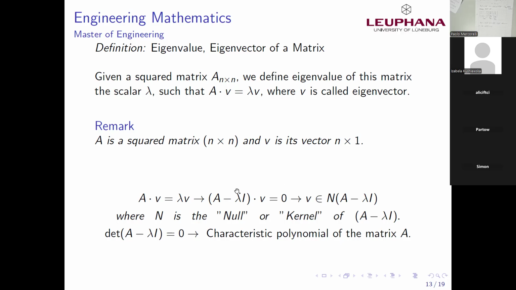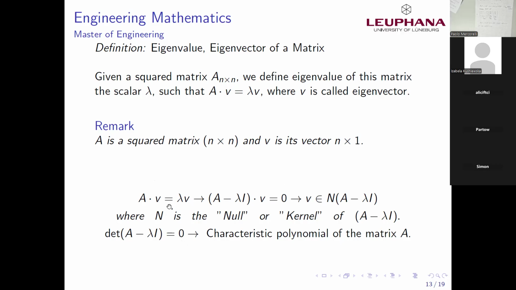Let me consider A minus lambda E equal to a matrix M. M multiply V equals 0 is satisfied for V equals 0. This means 0 is always an eigenvector, because it satisfies this.